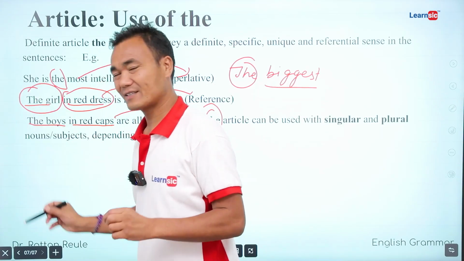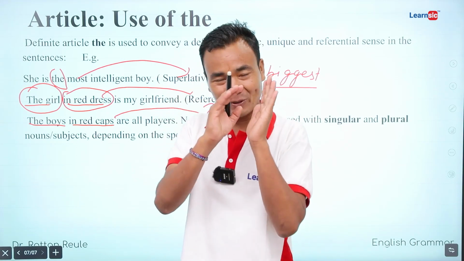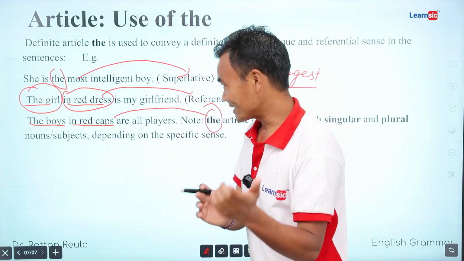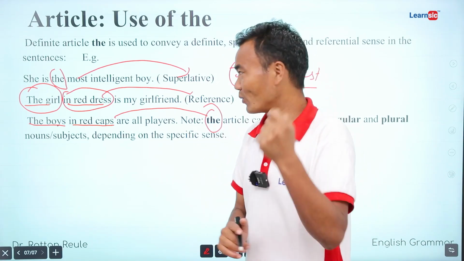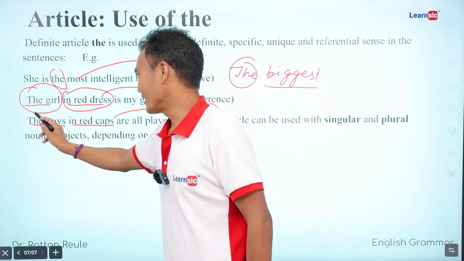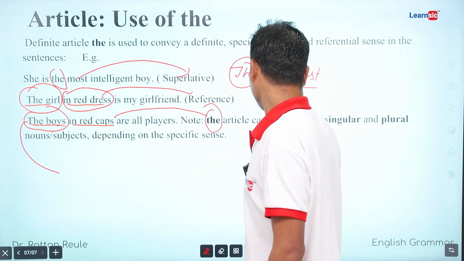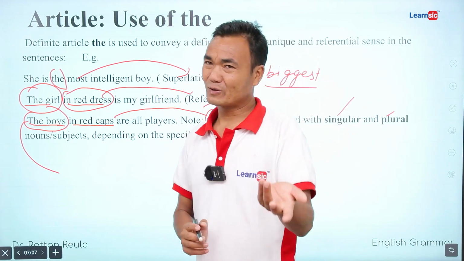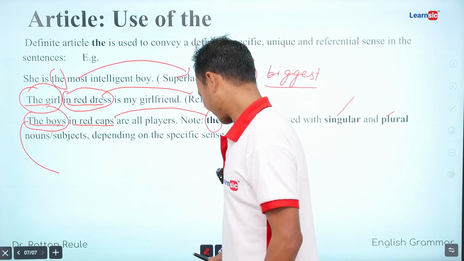The girl, if we are talking about the girl in a definite sense, is singular, in a specific, referential, unique sense, the sense of only one. And the boys is an example of plural. Therefore, we can use the article before consonant and vowel sounds, no problem.